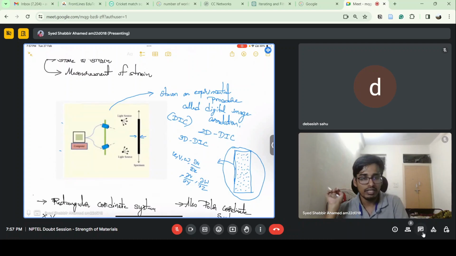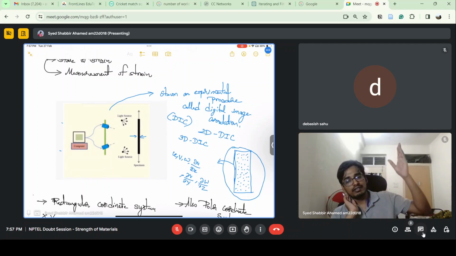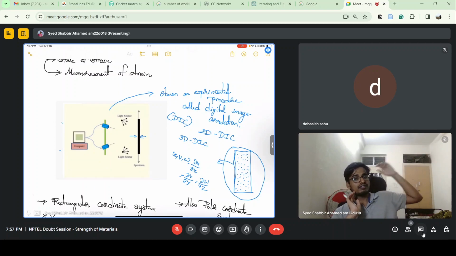This figure gives a procedure to measure strain, called three-dimensional image correlation. It is three-dimensional because it gives the state of strain in all three directions, x, y, and z.